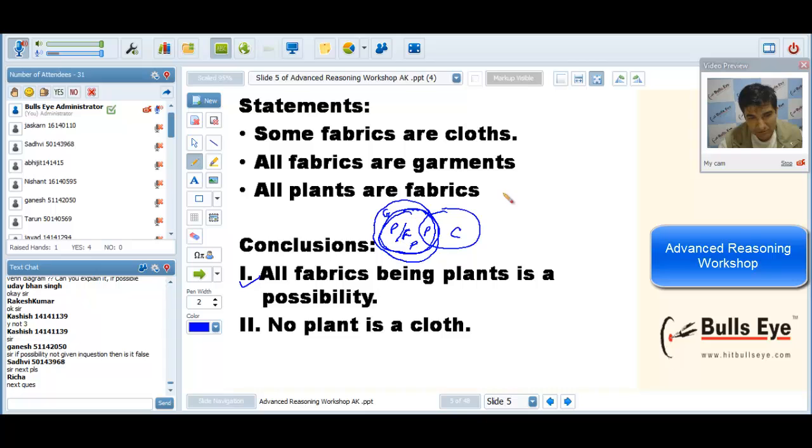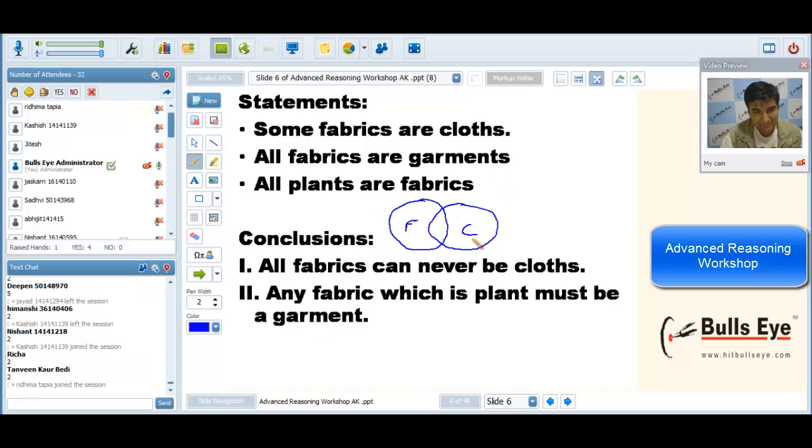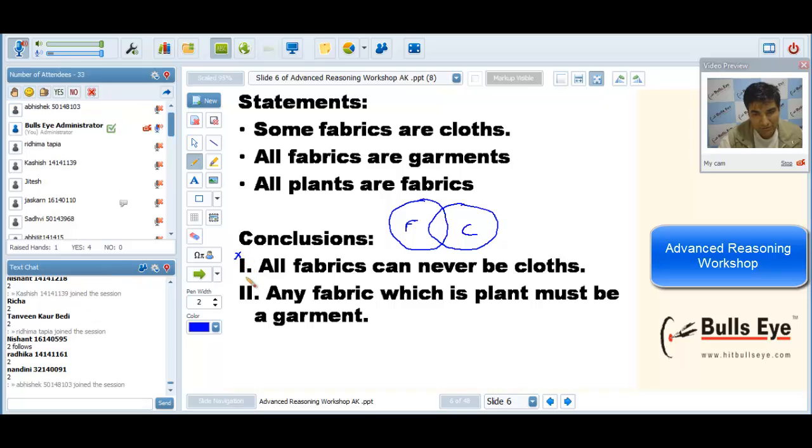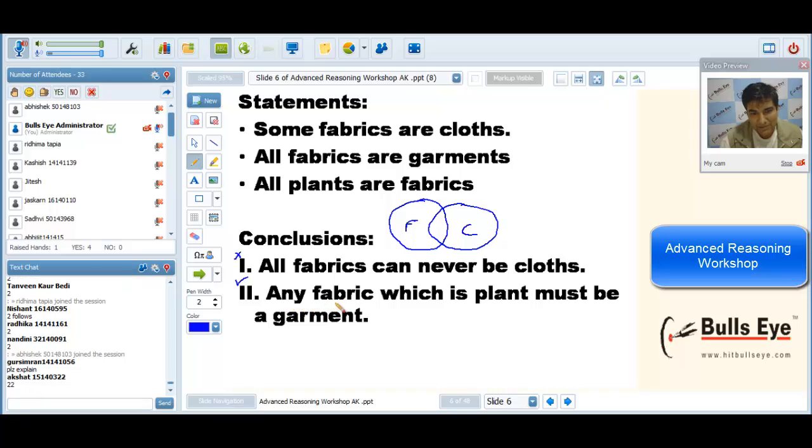Can we go on to the next question now? Yes, I think most of us are right. The answer is 2. The first conclusion is wrong and the second is right. Any fabric which is plant must be a garment. Anyone who didn't understand this?